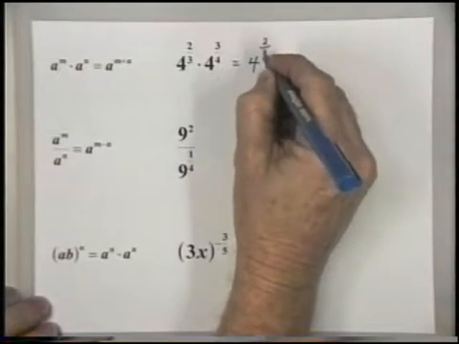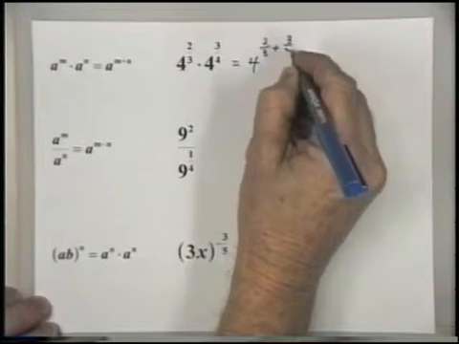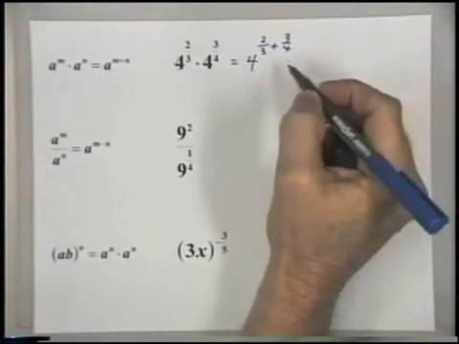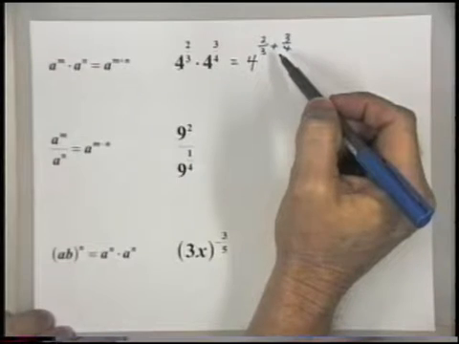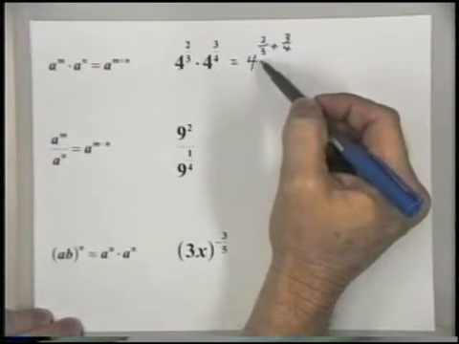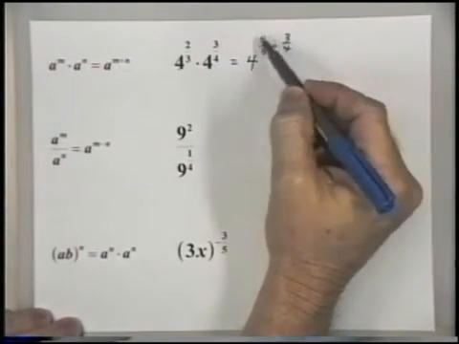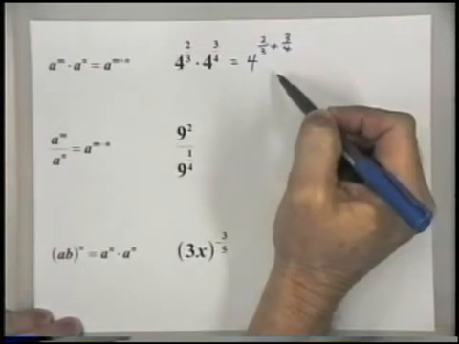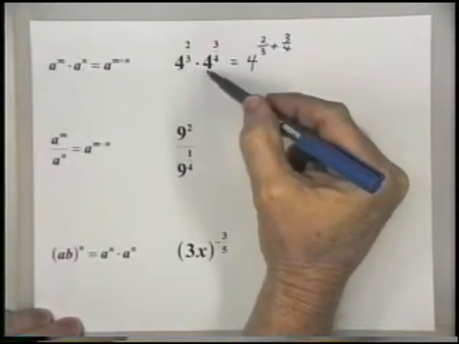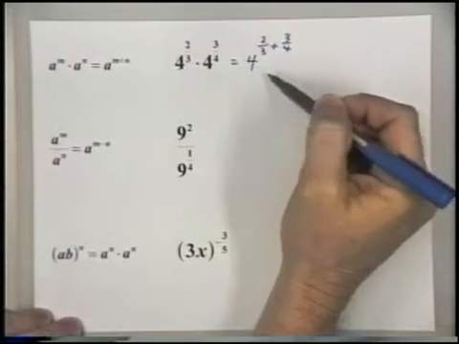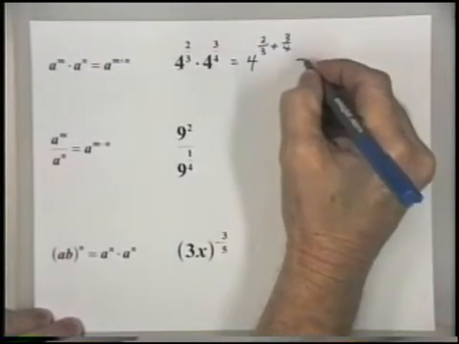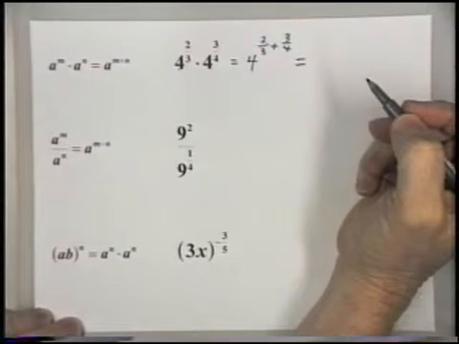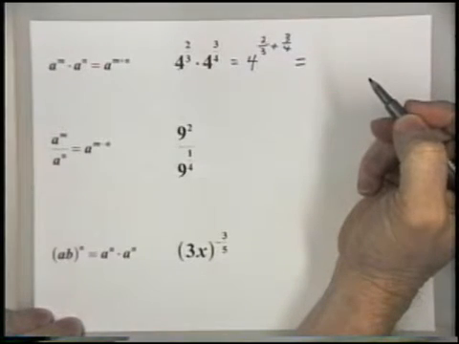Nothing's going to change. We're going to do exactly the same thing as we did with integers and natural numbers as exponents. So because of the first law of exponents, this is the product of these two powers of 4, and then we just do the arithmetic of adding 2/3 plus 3/4.